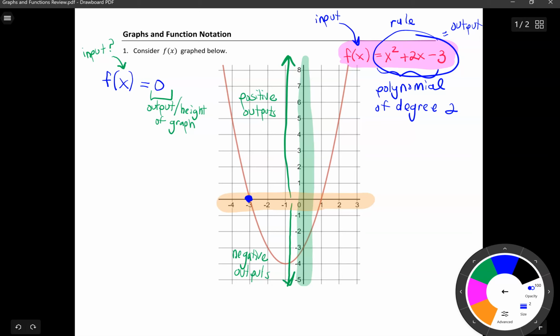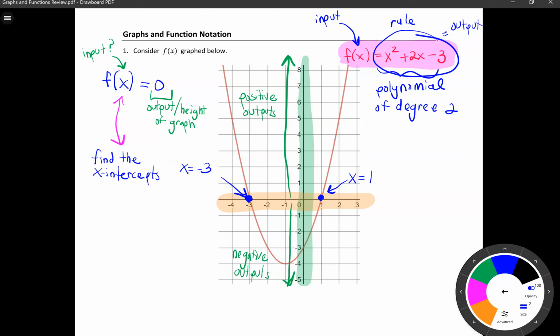Well, at 2 points. It hits it here when x equals -3. My parabola crosses the x-axis there. And again, over here, when x is a positive 1. So another way to interpret this notation is that it's asking you to find the x-intercepts, because the x-intercepts, right there on the x-axis, are where the height of the graph is 0.